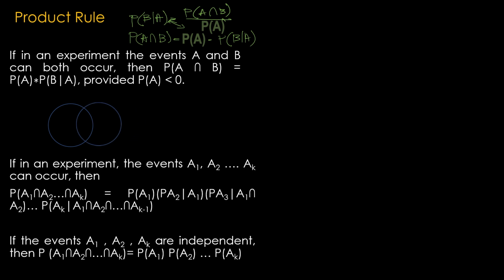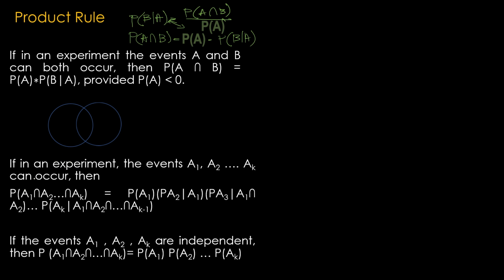Kanina, the conditional probability is the ratio between the intersection and an event. Now, the intersection is equal to the probability of an event multiplied by the probability of another event given the first event.